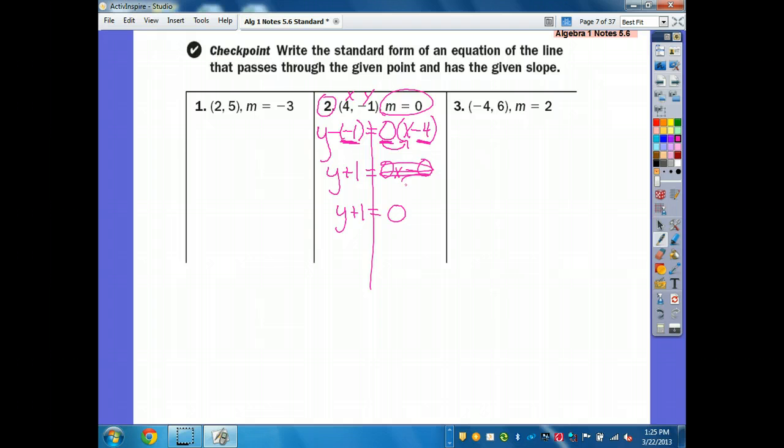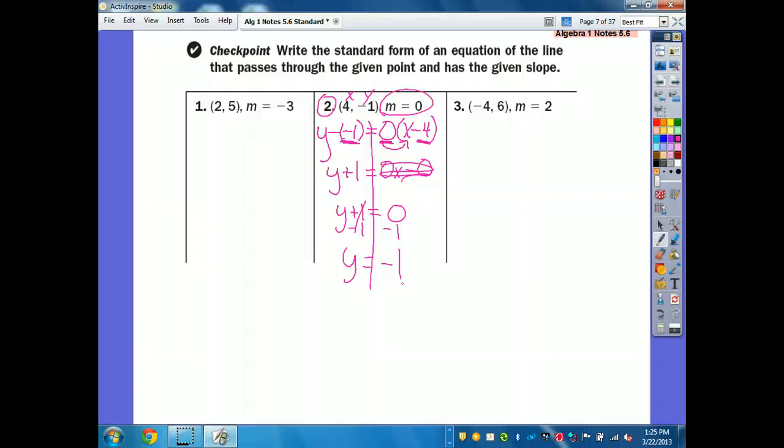Now I have to get it in y equals mx plus b form. What do I have to do? Y equals -1. So y equals a -1. Show me with your arm, what kind of line does that make? Not a slanted one. It's either going to be a horizontal or a vertical.